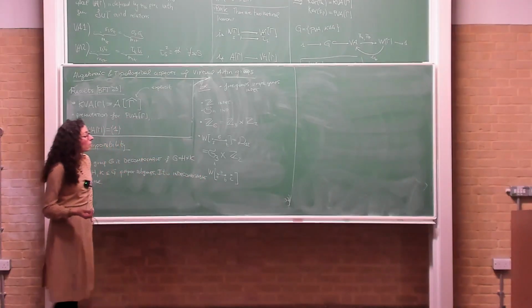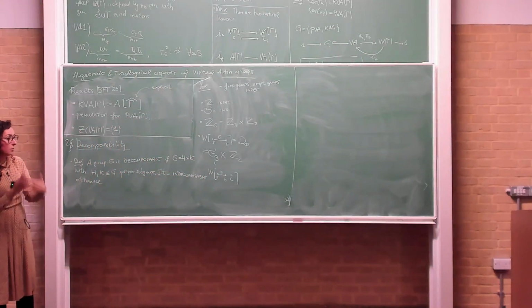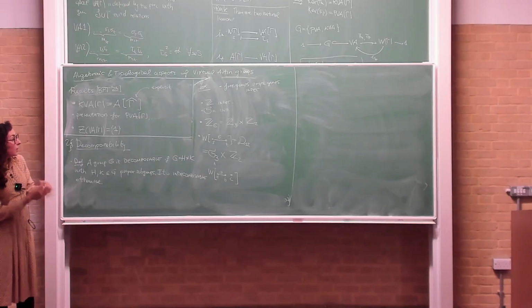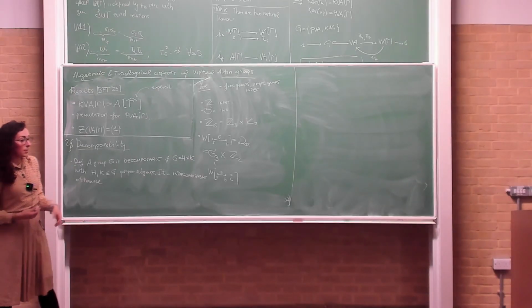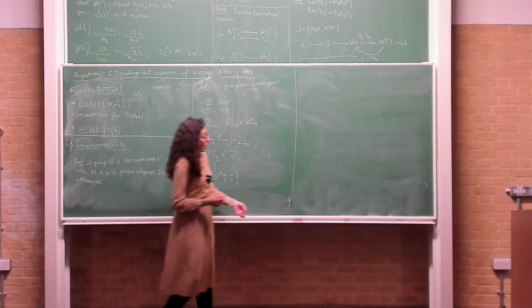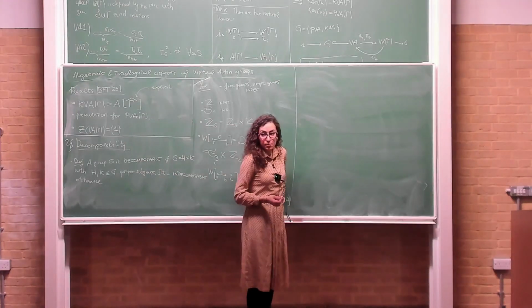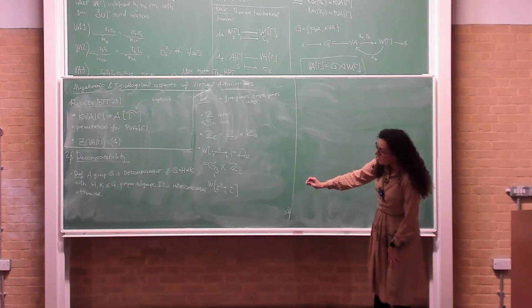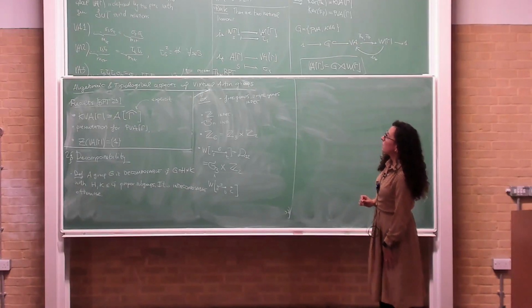Or other problems like the isomorphism problem and so on. And understanding decomposability of these groups also gives some insights about understanding the automorphism groups of these groups. So the aim is understanding this property for our classes of groups.